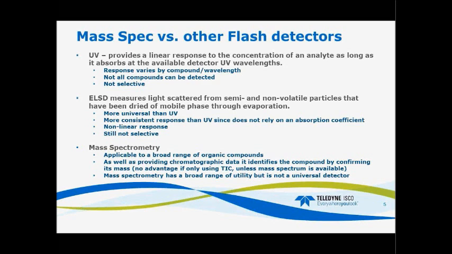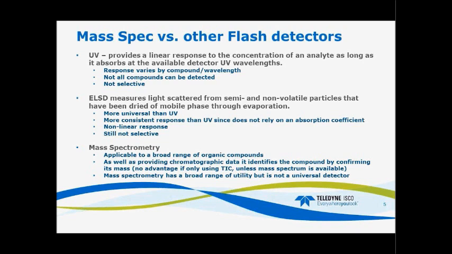The user has to really have an understanding of where his compound has UV absorbance, at what wavelength, so that the correct wavelength is selected to monitor and collect. And it's not selective. Anything that has a UV response will respond.